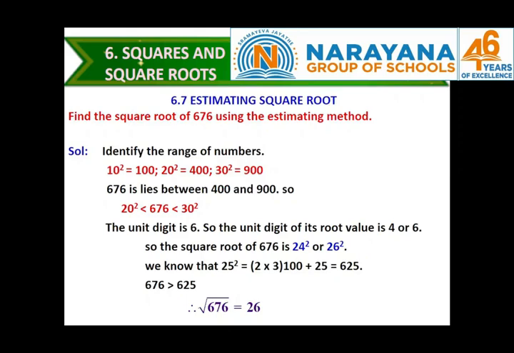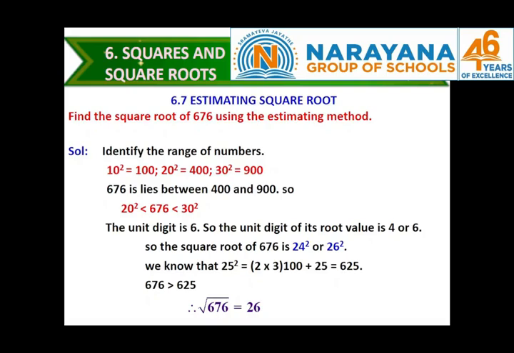So the square root of 676 is equal to 26. Suppose it were less, like 576, then the answer would be 24. This is estimating the square root when the number is a perfect square.